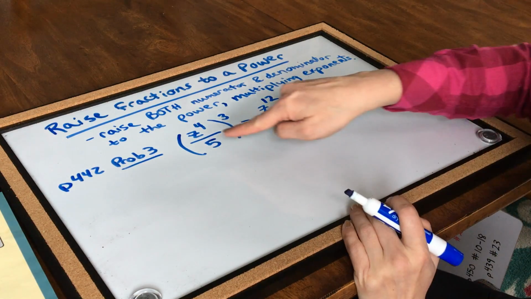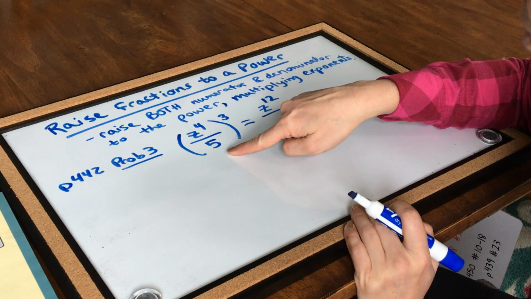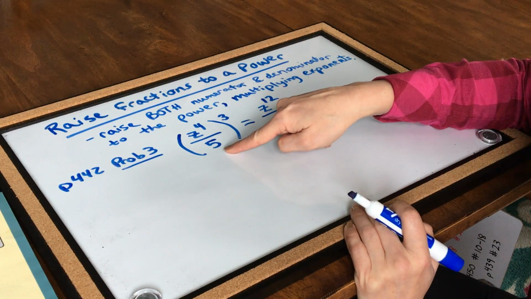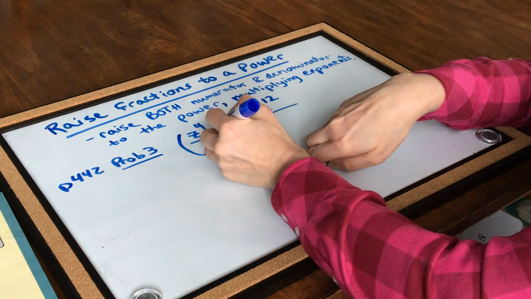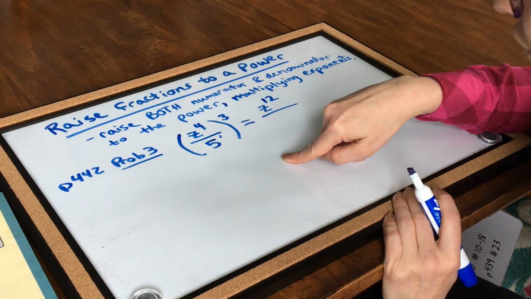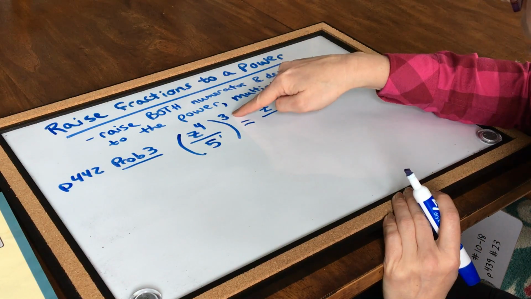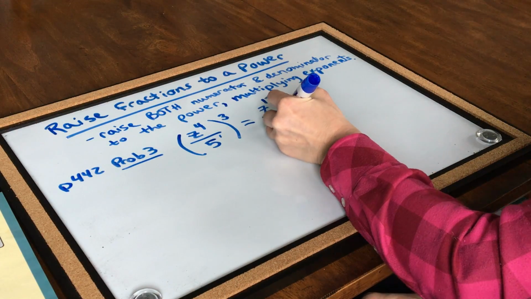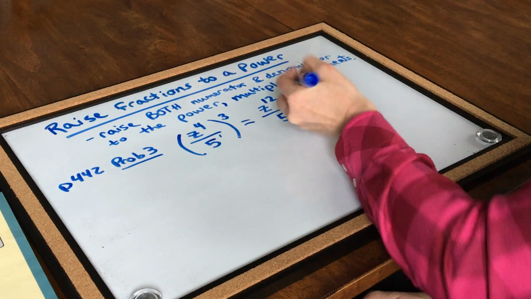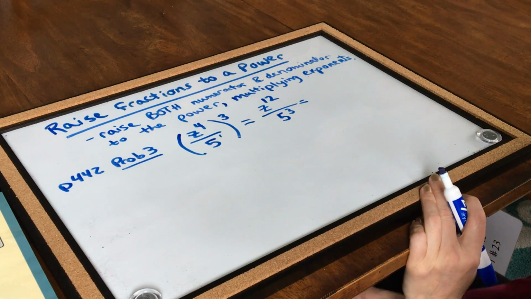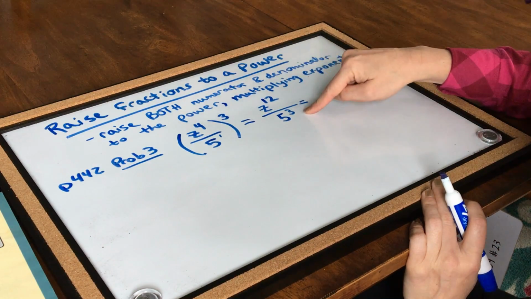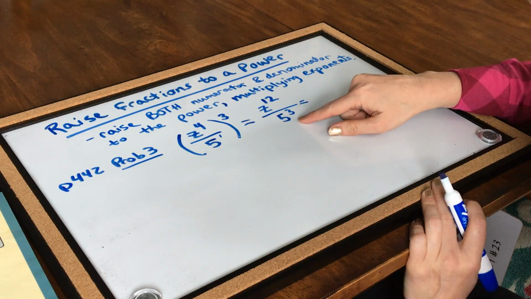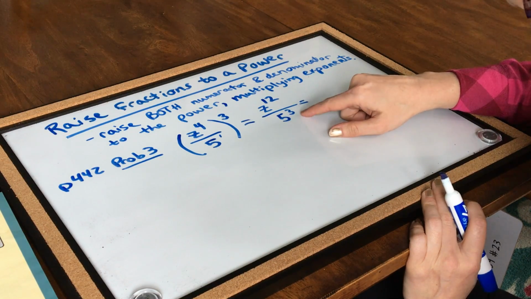Then I also have to raise my denominator to the power. That's very important. This is 5, and since it's just a single 5, this is the same as 5 to the 1st power. So I'm going to multiply the exponents. 3 times 1 is 3, so this is going to become 5 to the 3rd power. Now, I have only positive exponents, but mathematicians would say we don't really want to leave this as 5 to the 3rd power.